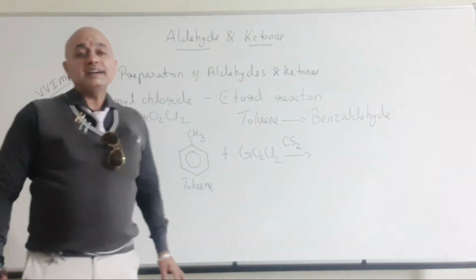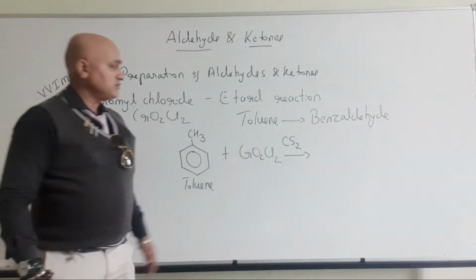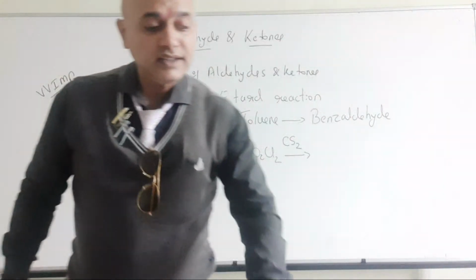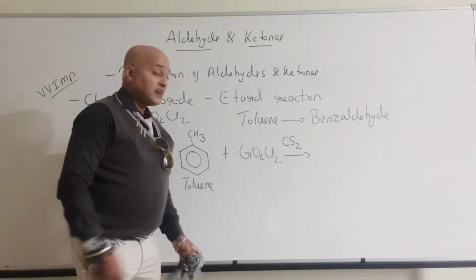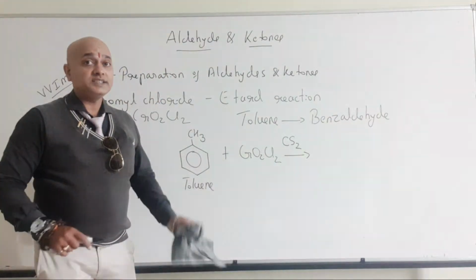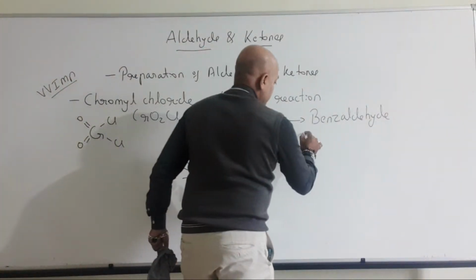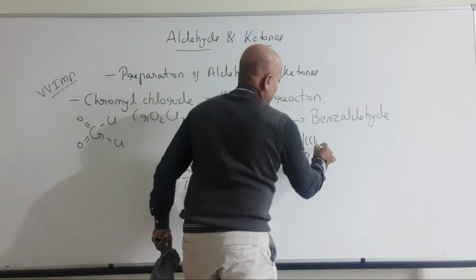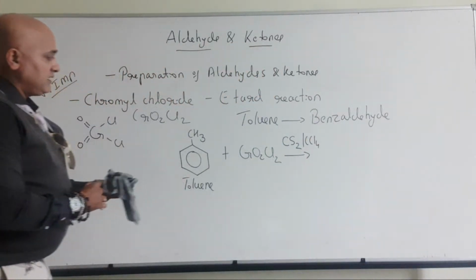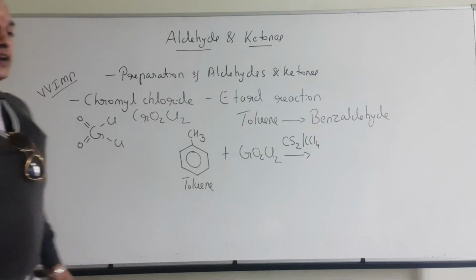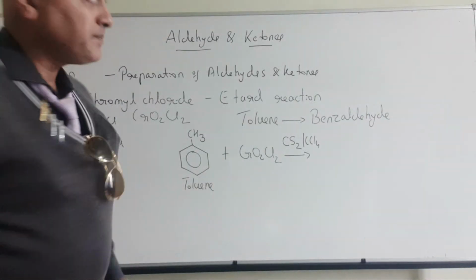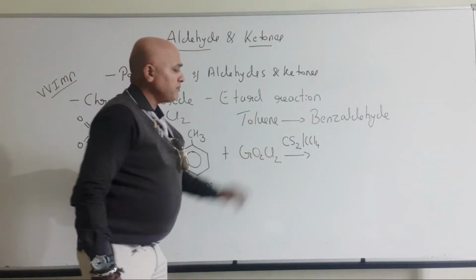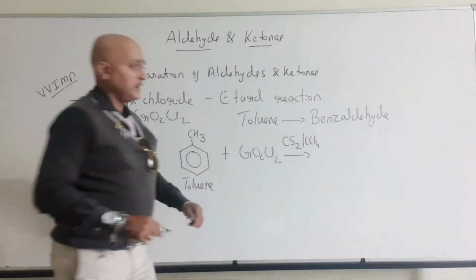Even sometimes we can use ethers also, or another important reagent they'll be using is carbon tetrachloride, CCl4. Okay, so in the presence of these organic solvents, now there will be formation of an intermediate.